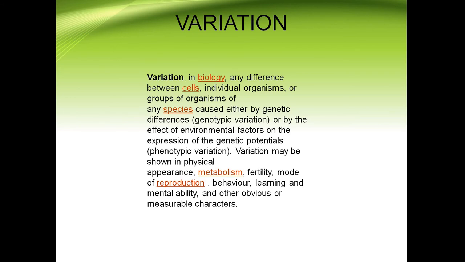The offspring we get will be similar to their parents, but they will not be identical. So differences existing in size, shape, behavior, color, height or weight, etc. All these will be termed as variations.